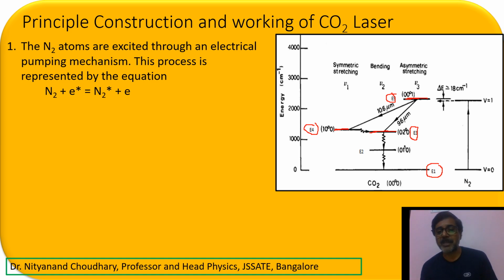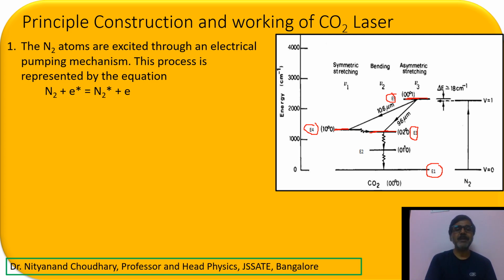So this is the basic principle. Nitrogen is getting ionized, and nitrogen is helping in moving the atoms of carbon dioxide into the different excited states. So this is what I have tried to explain to you.